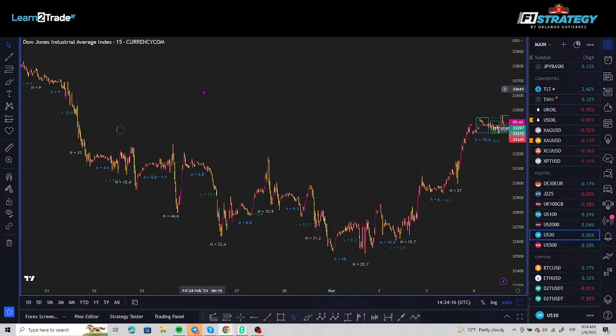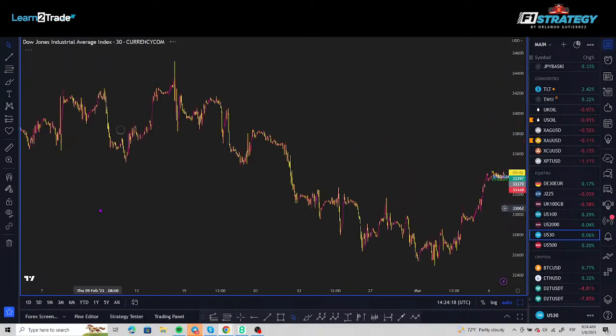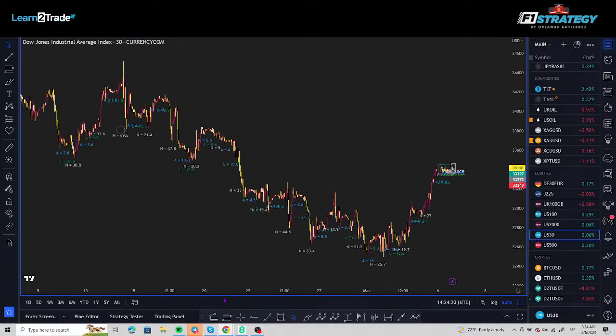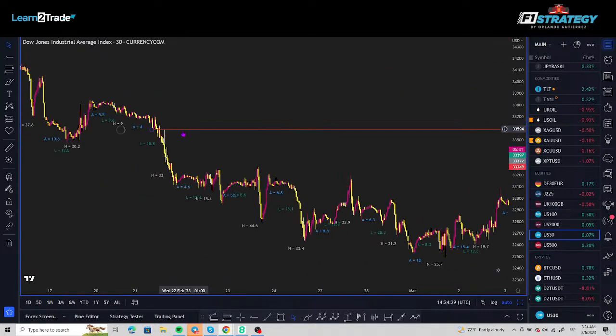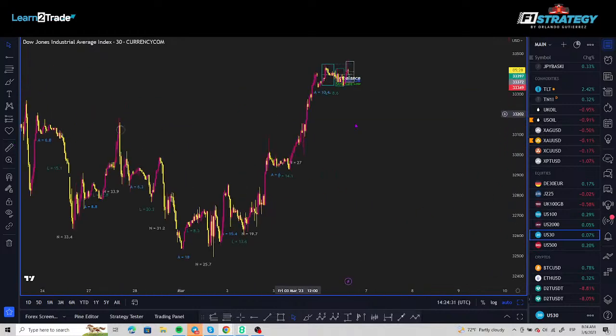Just have a look at this, right? On the 30-minute chart, just positioning myself, maybe targeting this liquidity right here on the 30-minute chart, right? This seems like a good target on the 30-minute chart.